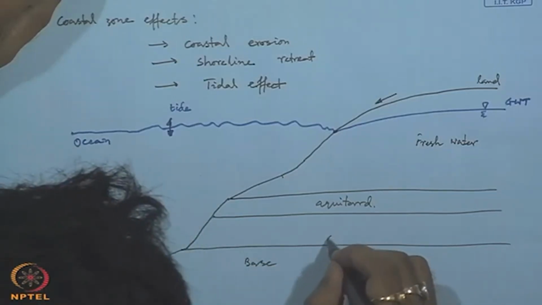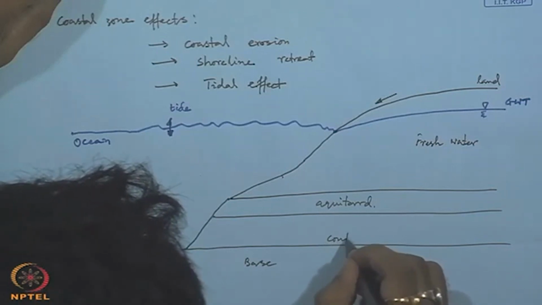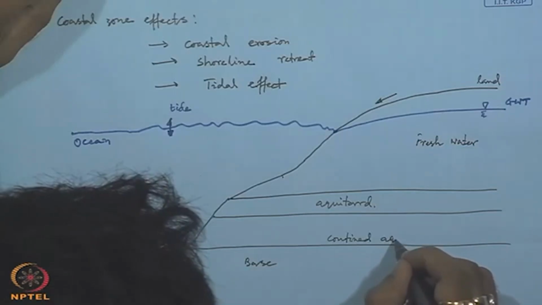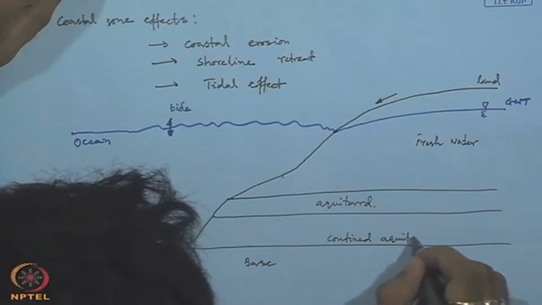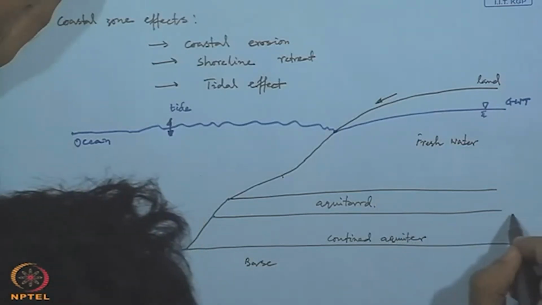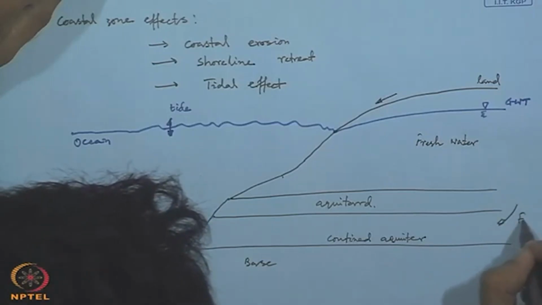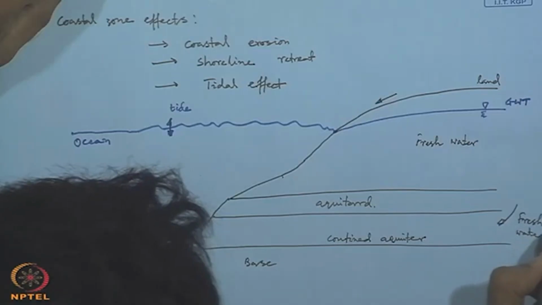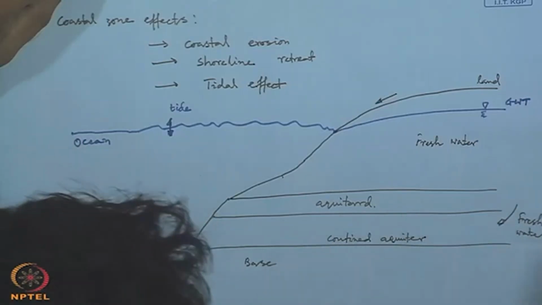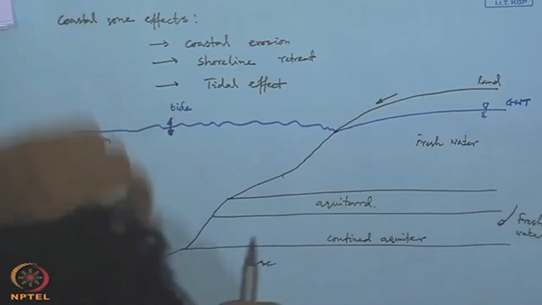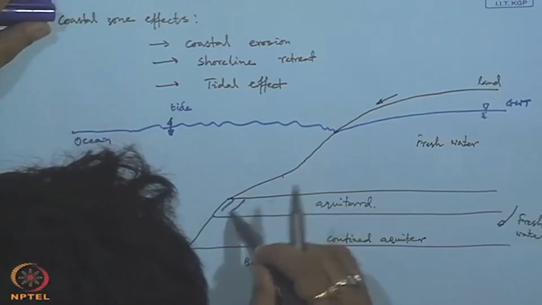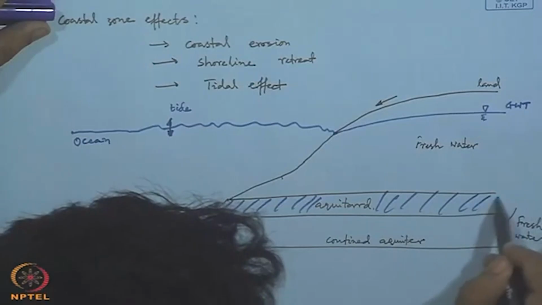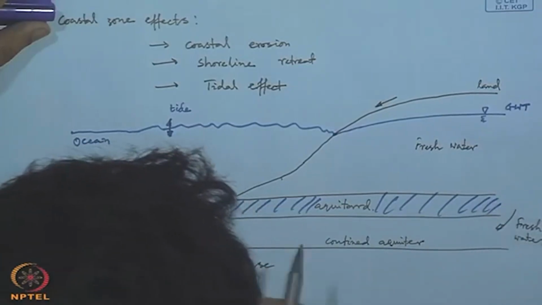This is our confined aquifer and fresh water comes from some upstream side. This is our aquitard, this is our base.